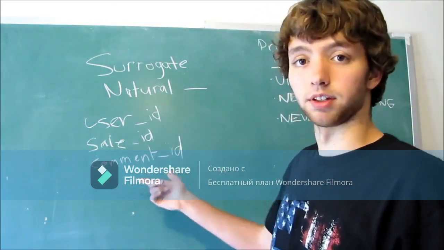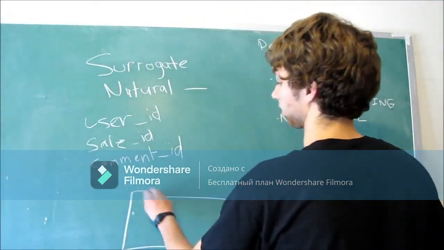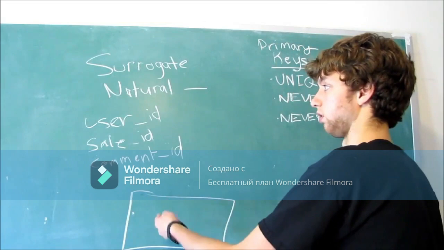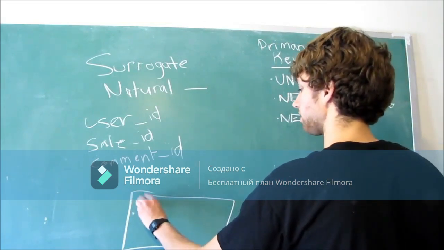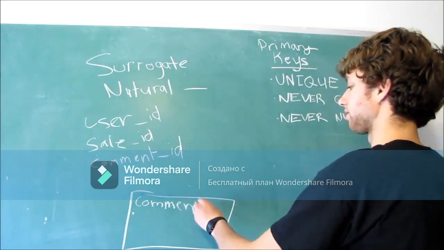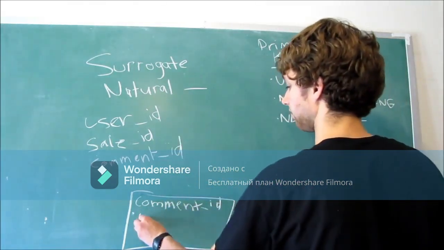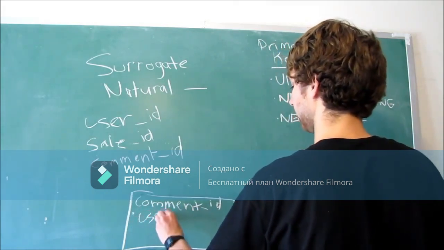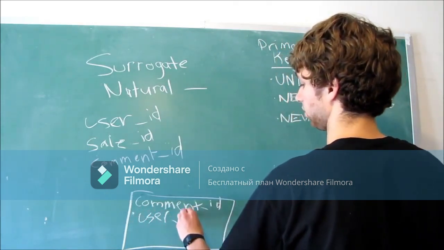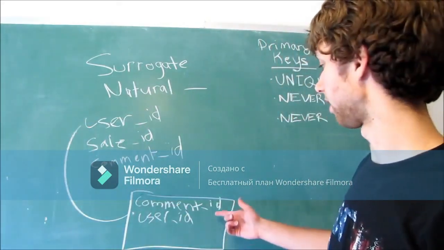Now let's look at the comment table in depth. We're going to have a column for the comment ID, and then we'll need a reference to the user that posted the comment. So we'll have the user ID as a foreign key, which points back to the user table. That's kind of how that works.